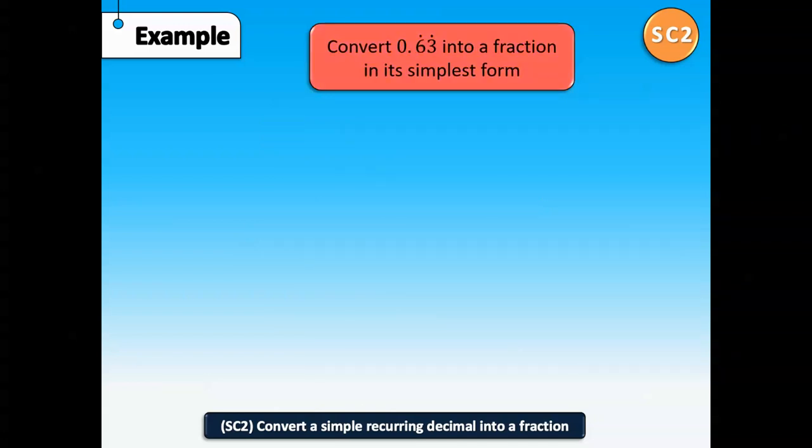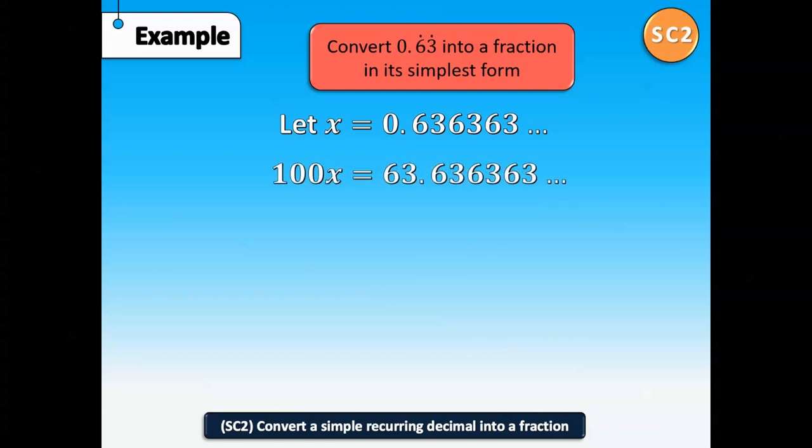Here's another example. We want to convert 0.63 recurring into a fraction in its simplest form. So if we let x be 0.63 recurring, that means 100x is 63.63 recurring because we've times it by 100.